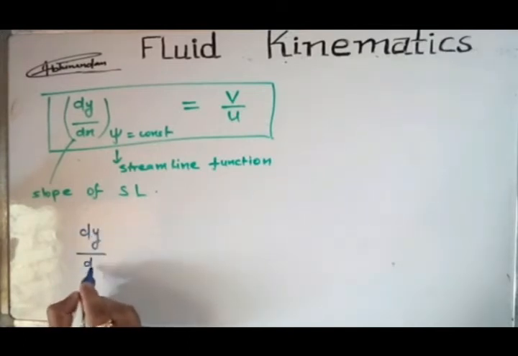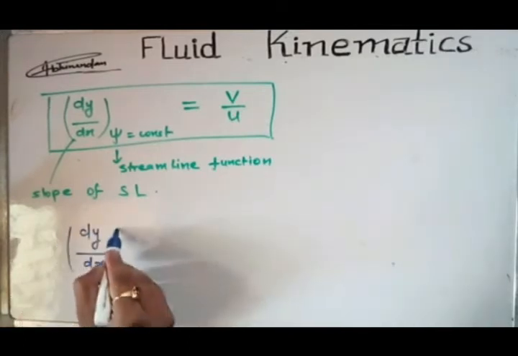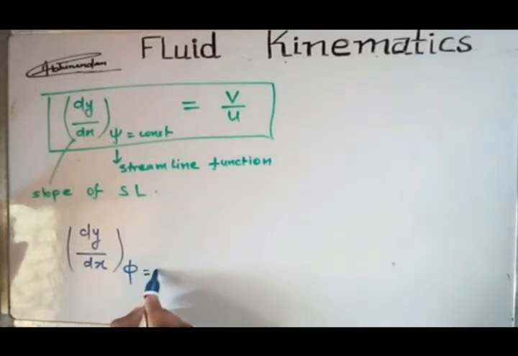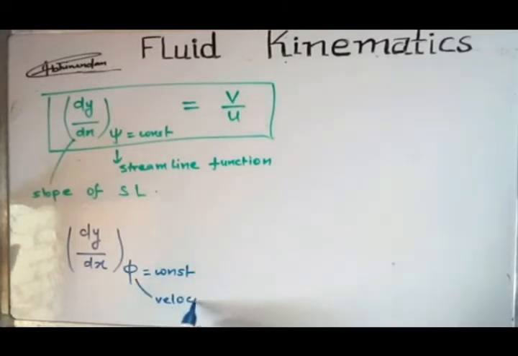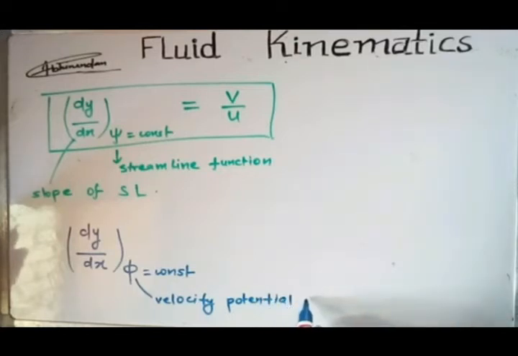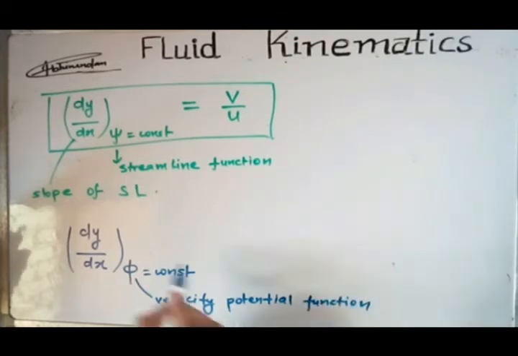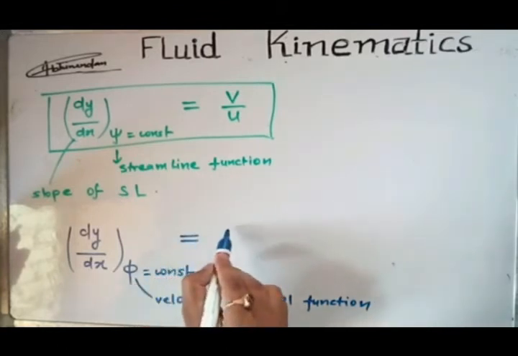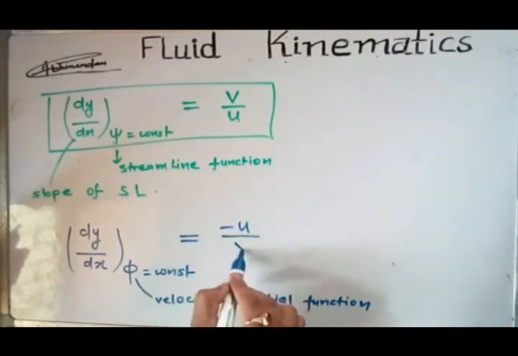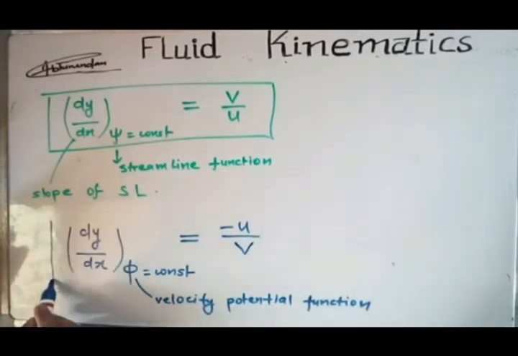Now let's look at the same dy upon dx, but here phi is constant, and this phi is our velocity potential function. So in case of equipotential line, this phi is constant. In this case, this shall be equal to minus u upon v.